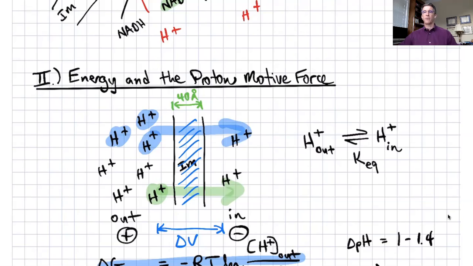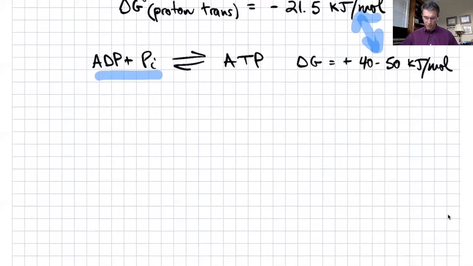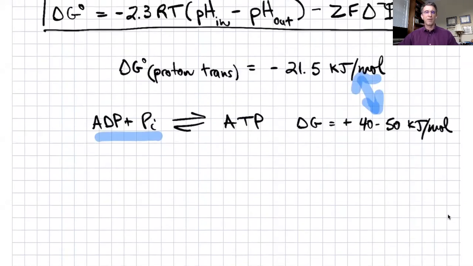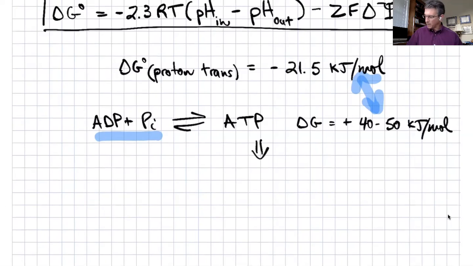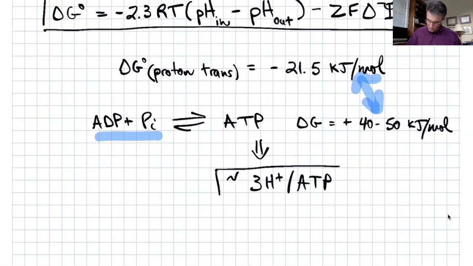That gives us enough free energy to drive the synthesis of ATP from ADP and inorganic phosphate. So we need about three protons per ATP synthesized. That tells us something important: the energetics alone mean it has to work out that way.